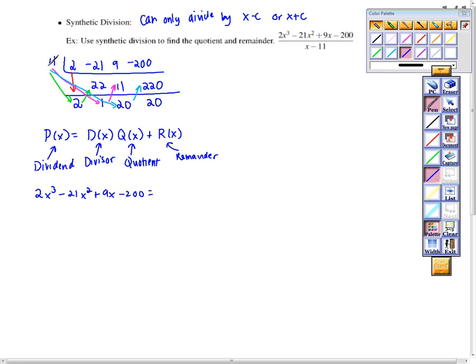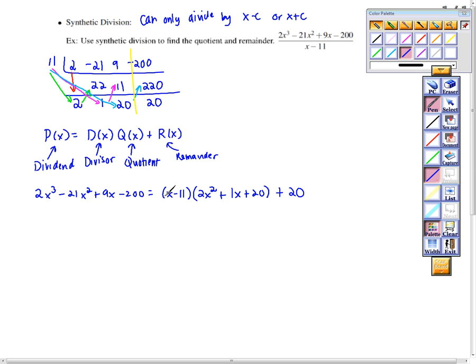The divisor, this was 11 because it was x minus 11, is x minus 11 times the quotient, which is what's left, except ignore this last one just for now. So if this was x cubed, this is going to be x squared. This is 2x squared plus 1x plus 20. That's my quotient. And the remainder is 20.